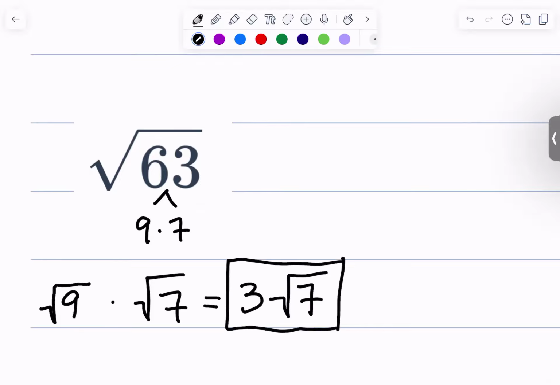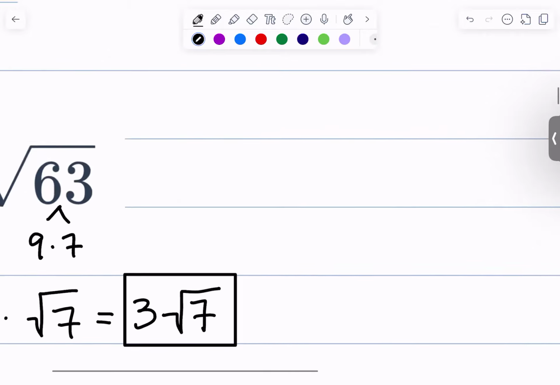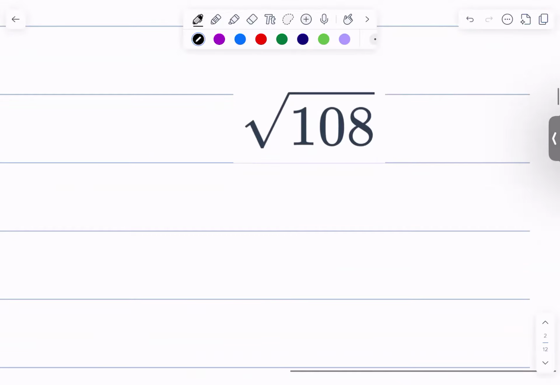Try something harder. 108. What perfect square goes into 108? 9. 9 times what? 12, okay. We can just pull out any perfect square. If you start off with 9, then it's 9 times 12. But if you notice that this 12 can also be broken down even further.